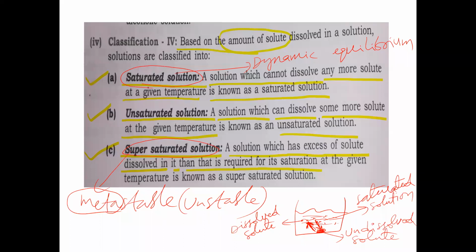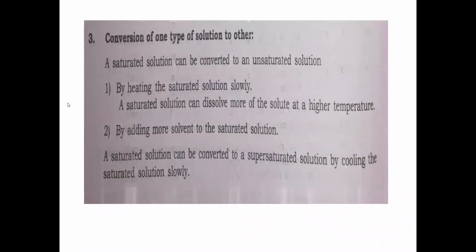That means the same number of particles move in both directions. That is why it is called dynamic equilibrium. So dynamic equilibrium exists in a saturated solution. Keep that point in mind. These three types of solutions you have to understand.